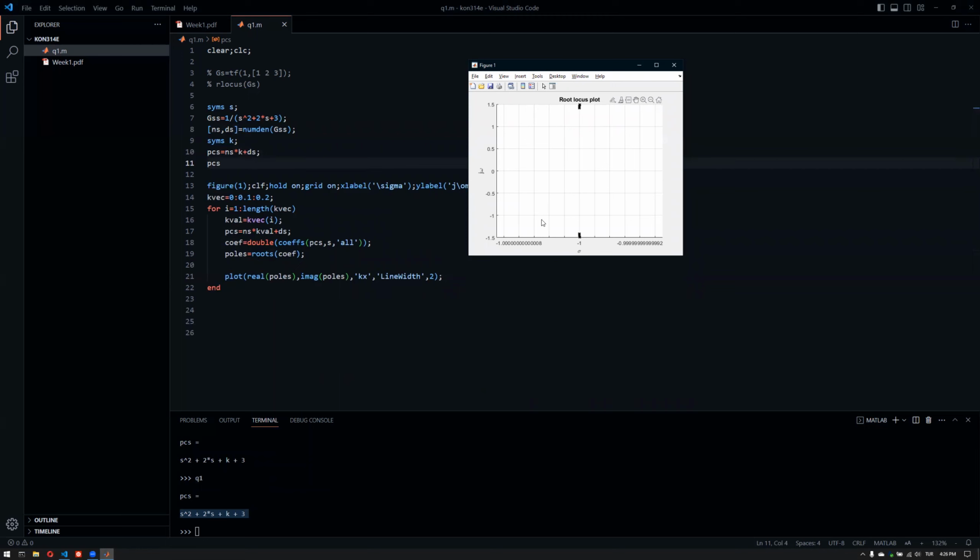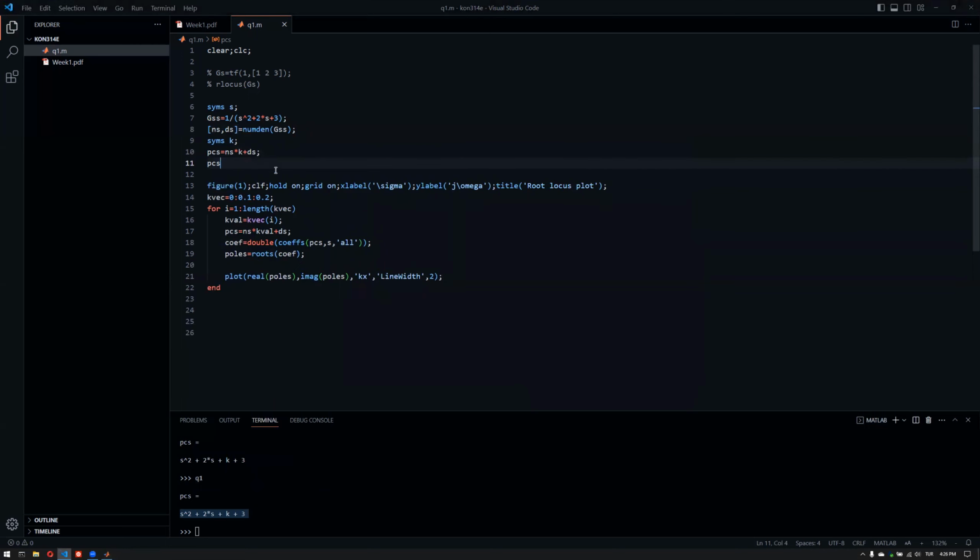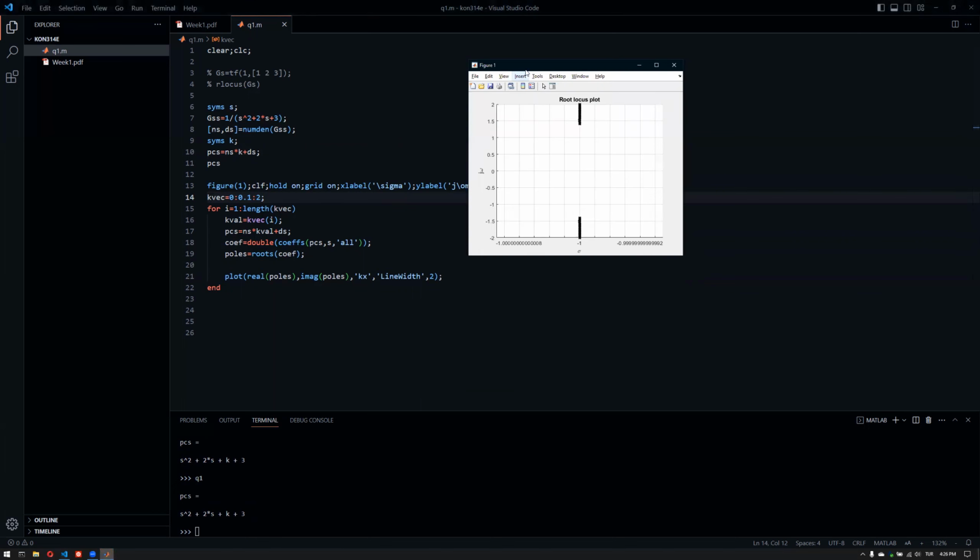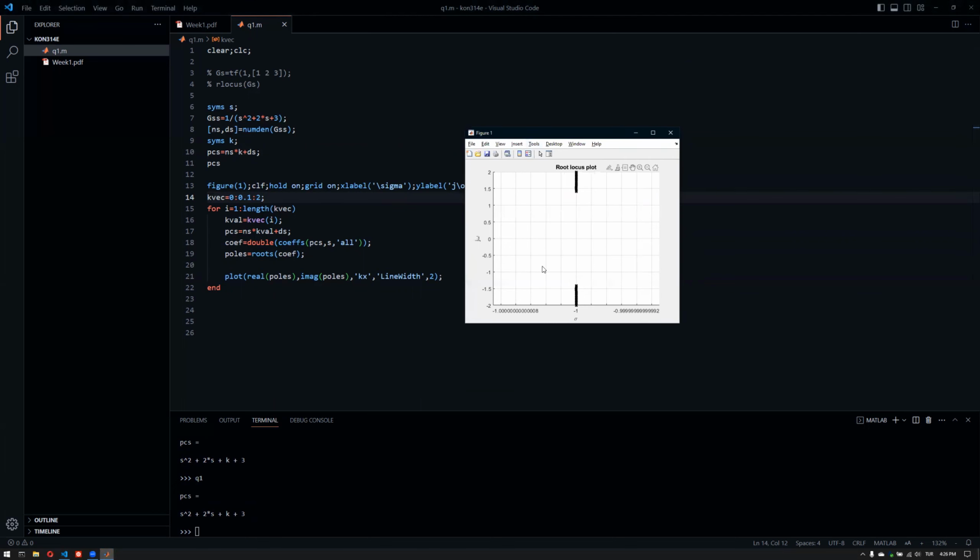And this is basically the result. Of course, we have only used some points, 3 of them to be exact. So if I increase this upper bound here, we end up with a better root-locus plot, of course.